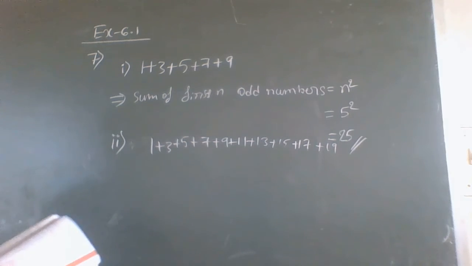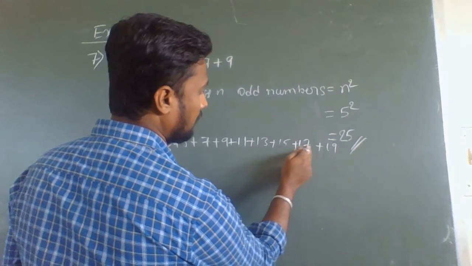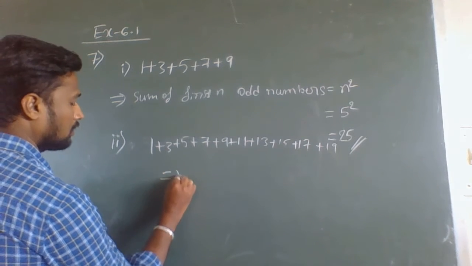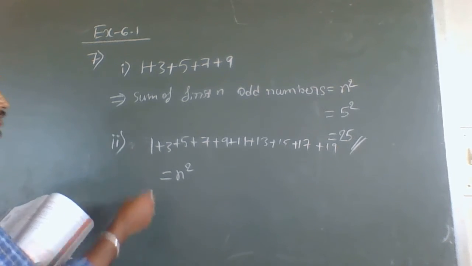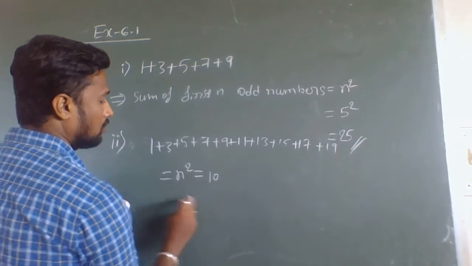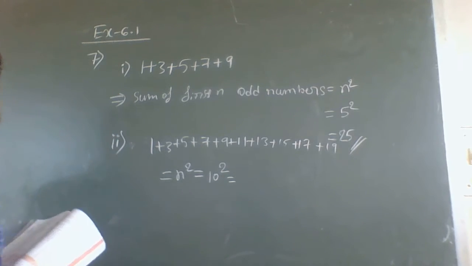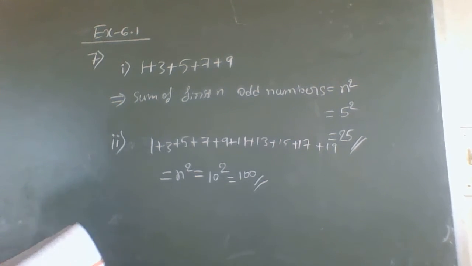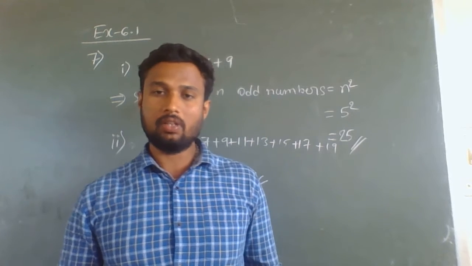So how many numbers are there? 1, 2, 3, 4, 5, 6, 7, 8, 9, 10. There are totally 10 odd numbers. The sum of the first n odd numbers equals n square, where n is 10 because there are 10 numbers. 10 square means 100 is the answer. So this is how to calculate the sum of the first n odd numbers without adding.